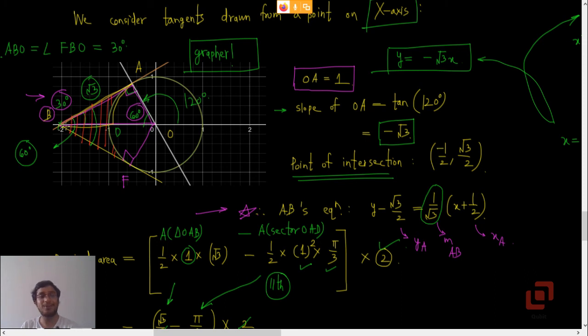You cannot just say that, okay, draw a tangent from this x-axis such that it makes an angle of 30 degrees with the x-axis. I cannot say that. So to do that, I made use of this equation, that is the equation of AB. But nonetheless you can easily skip this particular process and get the required area.